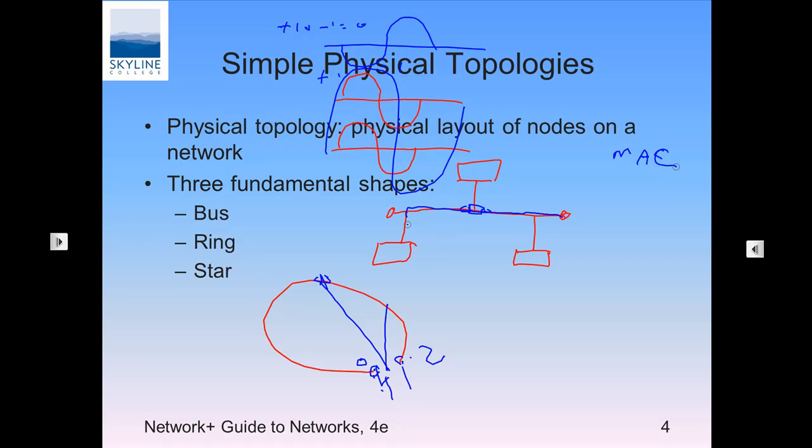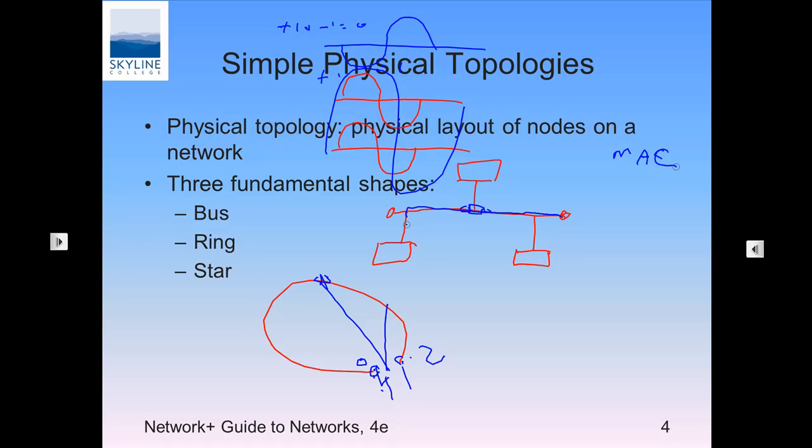We had two types of addresses, right? The logical address, the IP address, and a MAC address, a built-in address, physical address, a lot of different terms, a 48-bit hexadecimal address. You can see it on your machine with ipconfig /all.